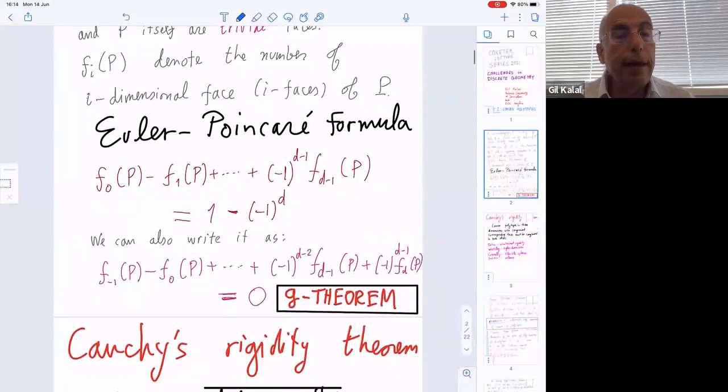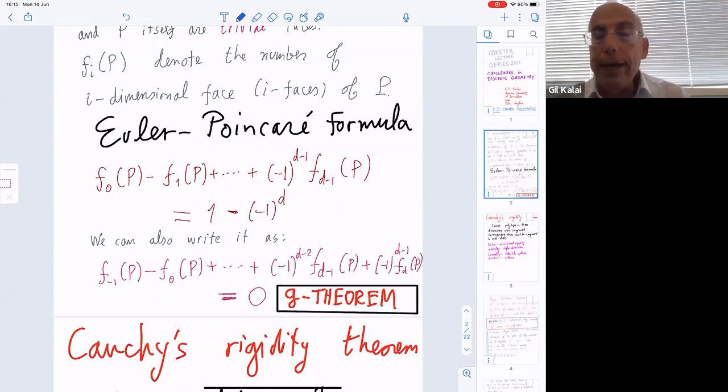It says that the number of zero-dimensional faces, called vertices, minus the number of one-dimensional faces, called edges, and so on, alternating all the way to the number of (d-1)-dimensional faces, which also have a special name, facets, is equal to 1 minus (-1)^d. So for odd dimension, we get 2, and for even dimension, we get 0.